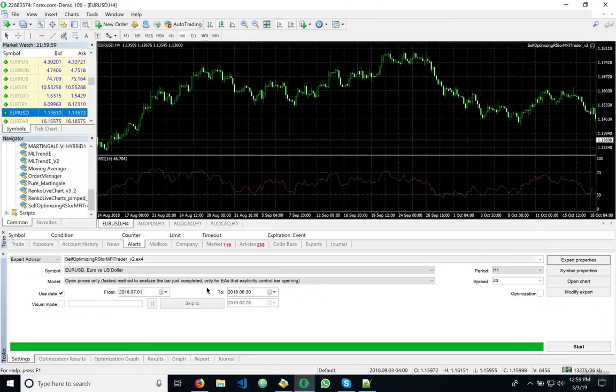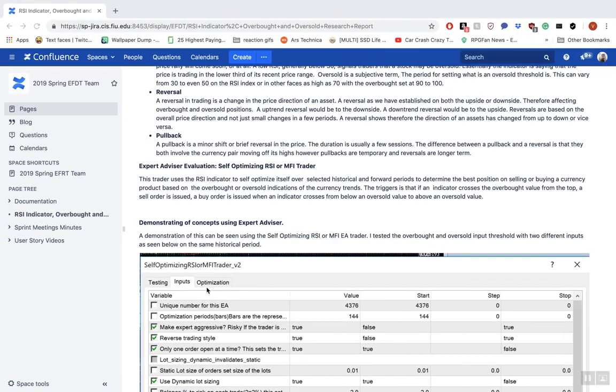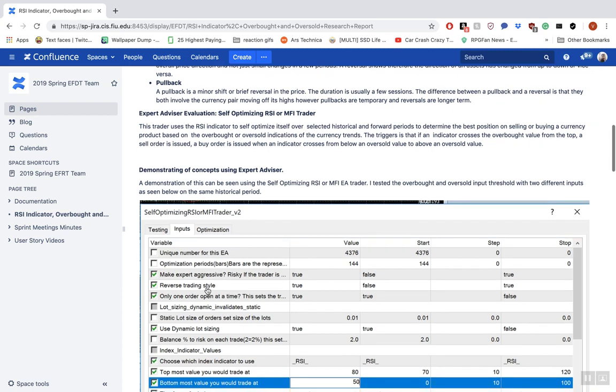Now, in using this expert advisor, it was found that we can change the top indicator value and bottom indicator value, which sets the overbought and oversold positions.